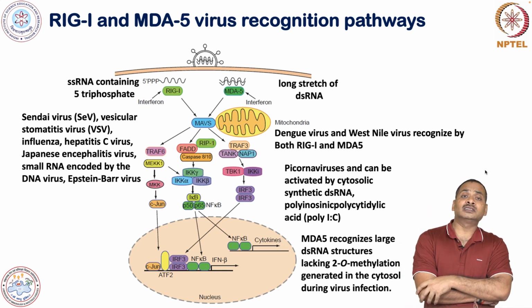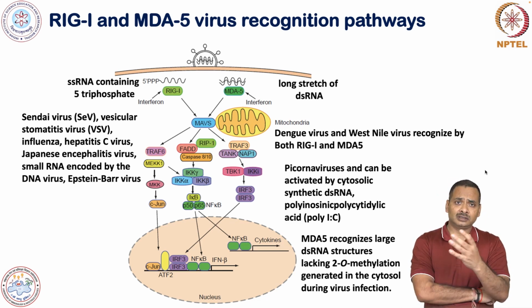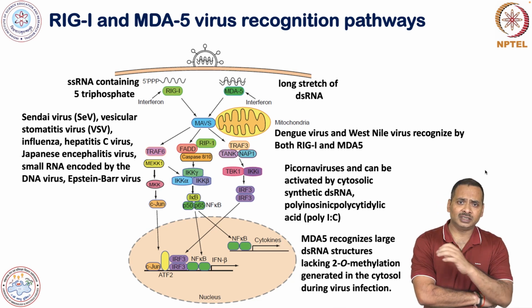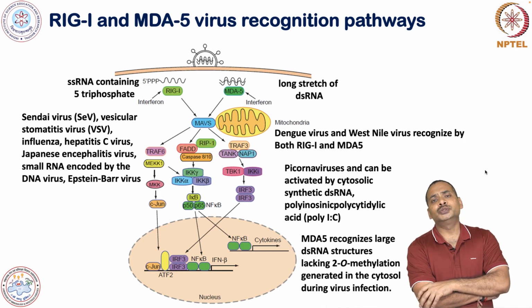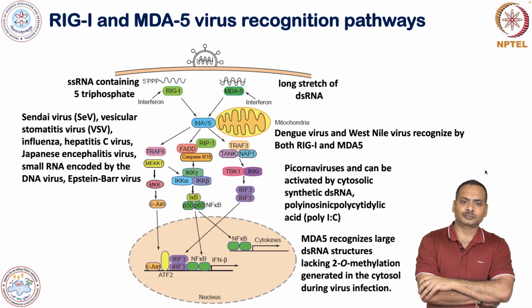MDA5 recognizes large double stranded RNA structures, which basically lack 2'O methylation, which is needed, and are generated in the cytosol during virus infection.